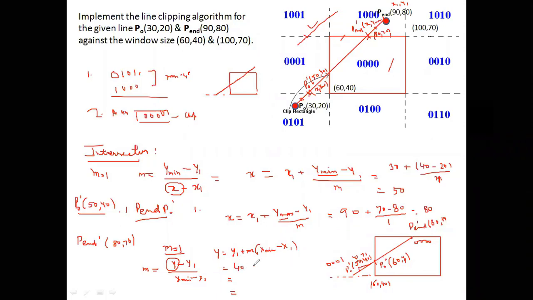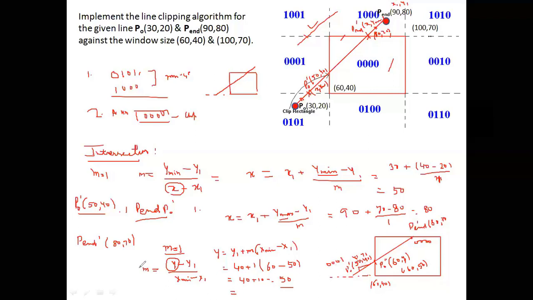Y1 is 40 plus m is 1, x min is 60, minus x1 is 50. So 40 plus 10 will give you 50. That's correct. So P naught double dash will become 60, 50.